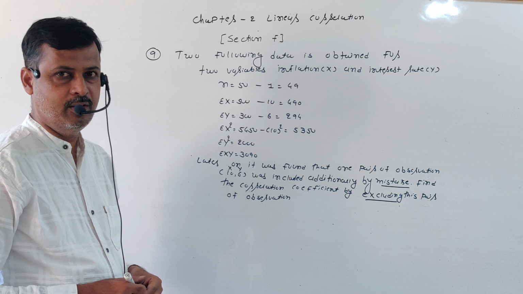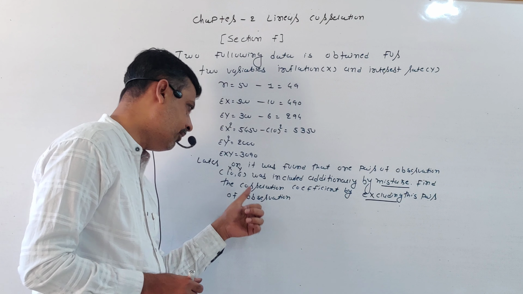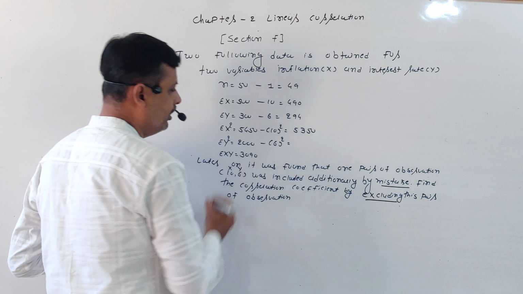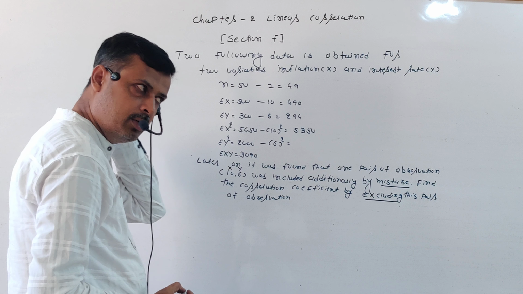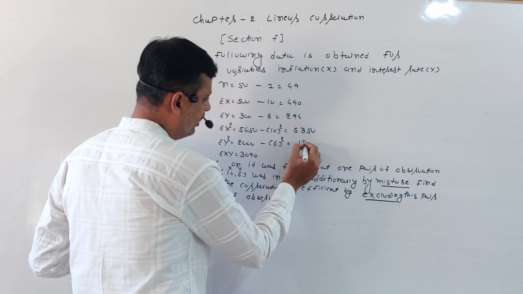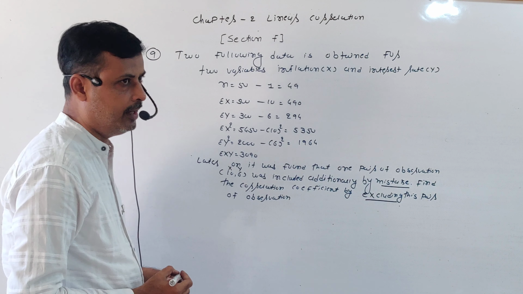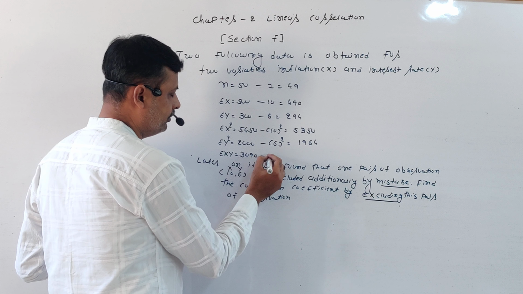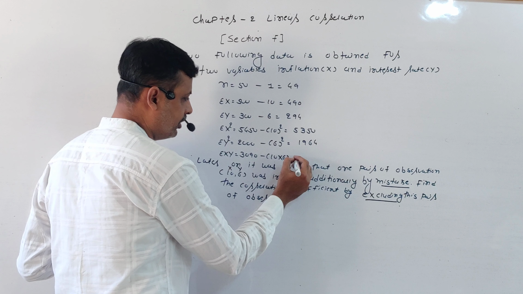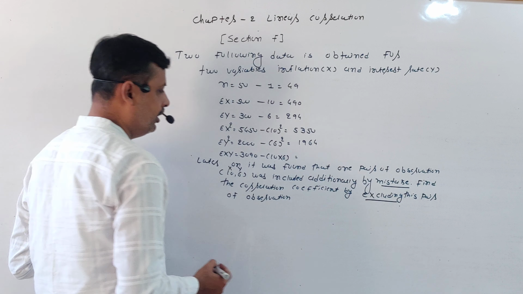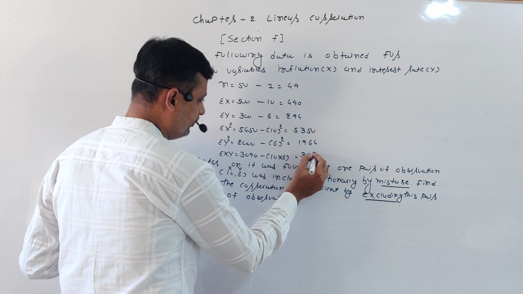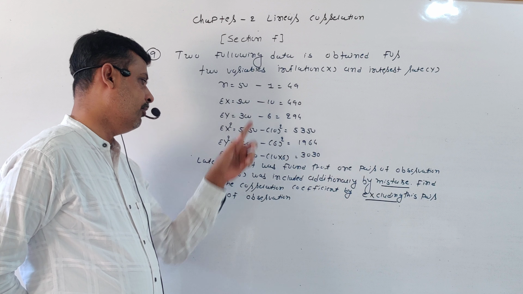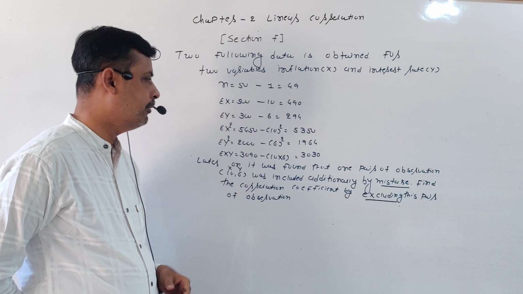Sigma y square is given as 2000 and y was taken wrongly, 6 square is 36, so 2000 minus 36 becomes 1964. Sigma xy means x into y, so 10 into 6 is 60, and 3090 minus 60 becomes 3030.